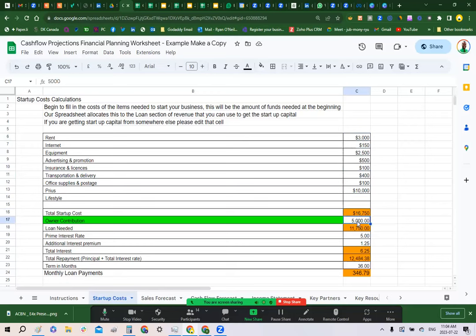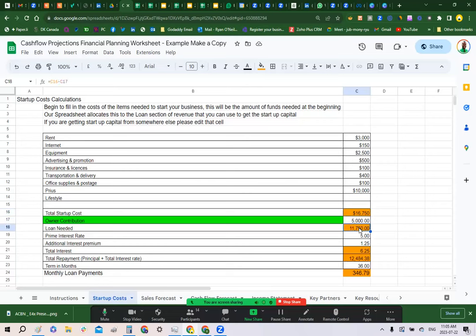So you do want to identify how much money you are able to put into the business, which is here for your owner's contribution. Typically we pull from our savings or from a credit card and put it in here. But if it's not enough to cover the actual startup costs, you're going to have a balance.